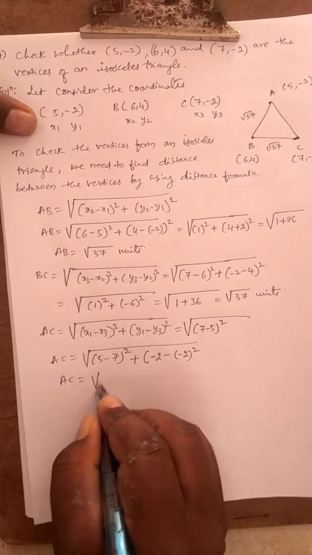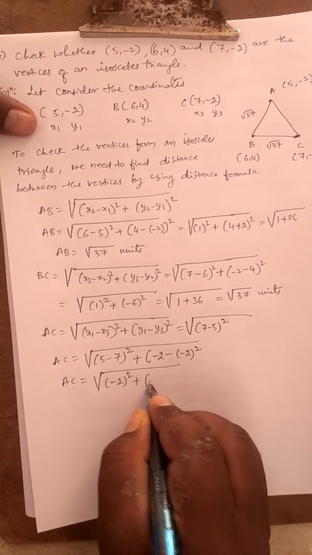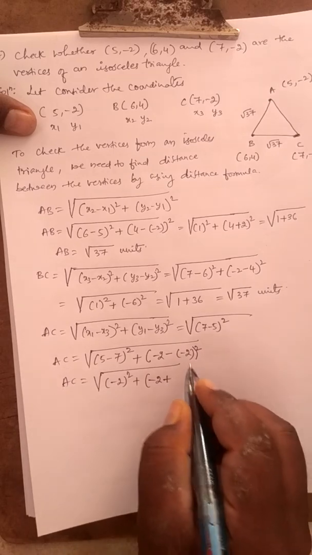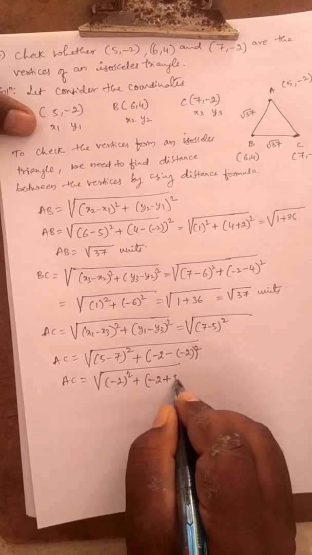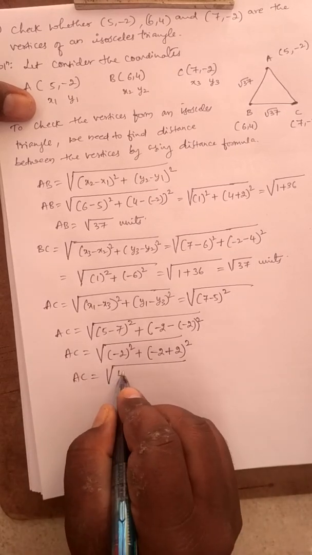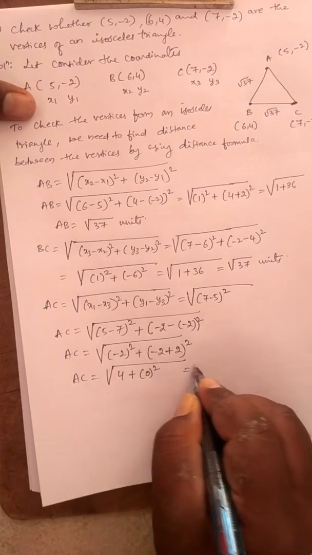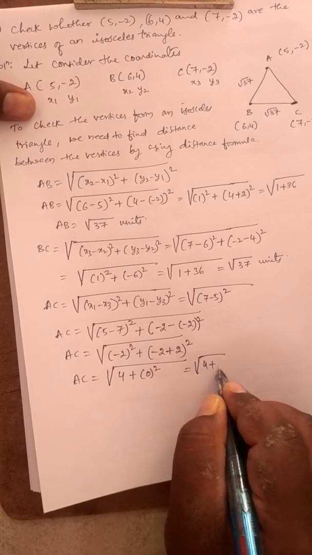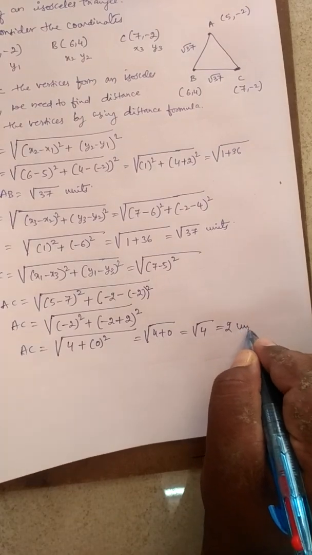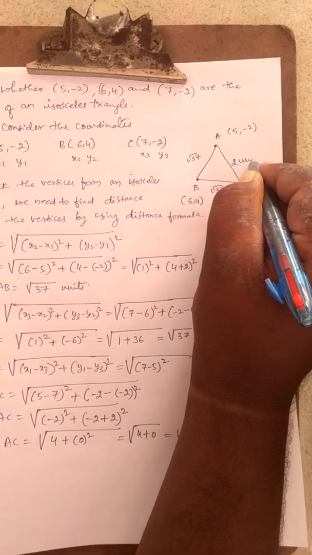So AC is under root 5 minus 7, that is minus 2 square, plus minus 2 minus into minus plus 2, it is 0 square. So minus 2 square is 4 plus 0, this is root 4. Root 4 value is nothing but 2 units. So the distance from A to C is 2 units.